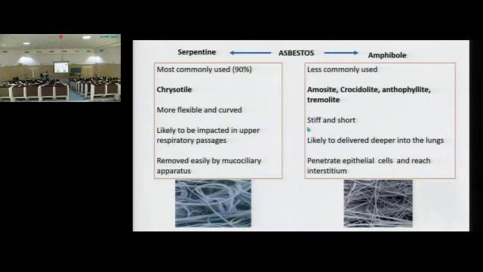Why is serpentine less pathogenic? Because it is flexible and curved, so it can escape the air spaces and can be trapped by the macrophages. It is likely to impact in the upper respiratory passage only and is removed easily by the mucociliary apparatus. Understand? Two forms of asbestos, serpentine and amphibole: amphibole is more pathogenic but less commonly used, and serpentine is more common and less pathogenic.